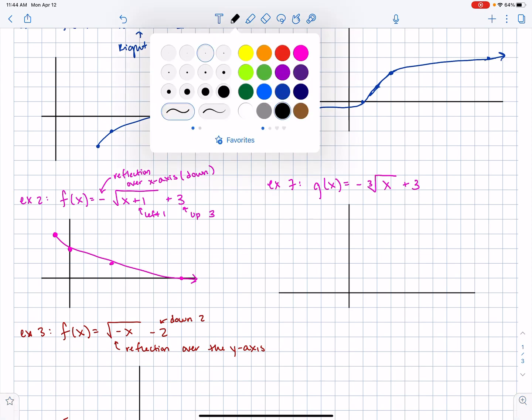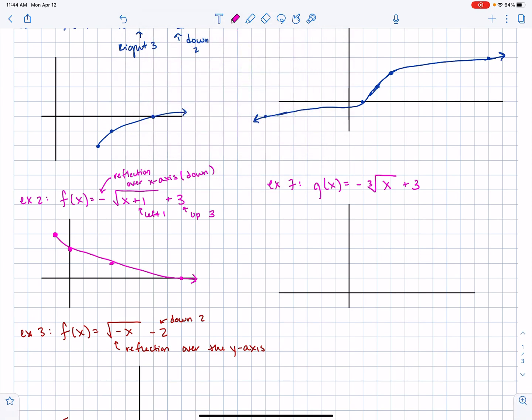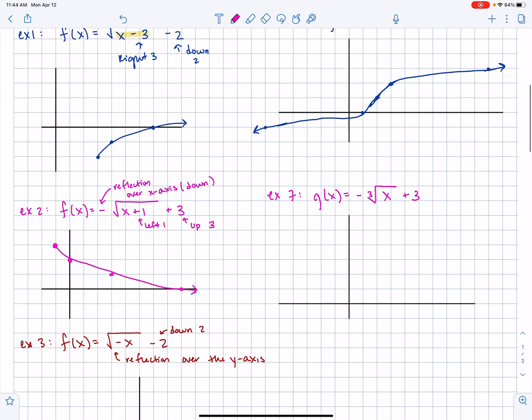So I'm going to start by graphing the start of this. This is going up 3, so 1, 2, 3. We're going to start here. And then we're going to flip it down. So I'm going to go over 1, down 1. And then I'm also going to go over 8. So 1, 2, 3, 4, 5, 6.